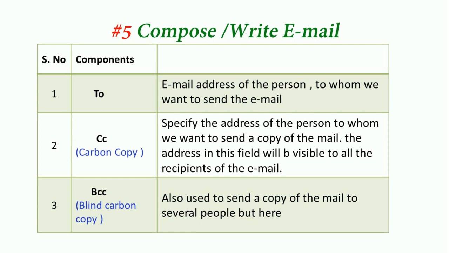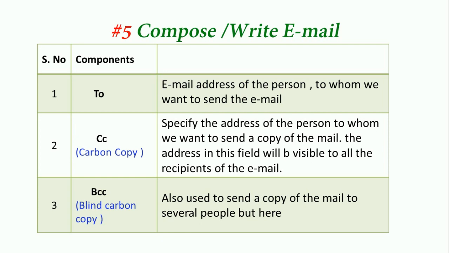In the CC I will add 2 names, one Ankit's email and some other person. For example, Sumit is there, so I will CC him. In the CC I will send the same copy. The addresses in this field will be visible to all recipients, meaning Ankit's parents will see that this message is sent to Sumit also. So whoever receives the message, they can see who all have received the message.